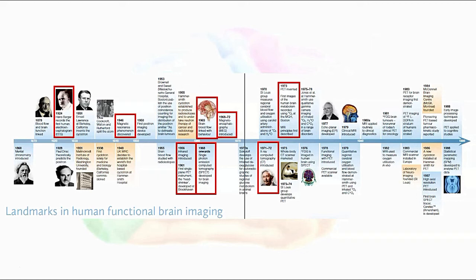His first paper demonstrated the technique for recording the electrical activity of the human brain from the surface of the head, published in 1929, 5 years after his first human brain electrical activity recording.